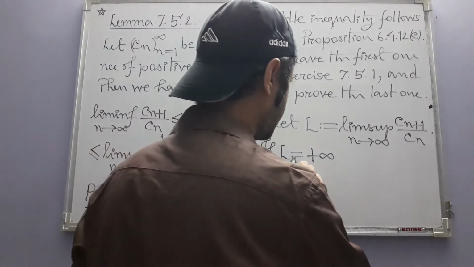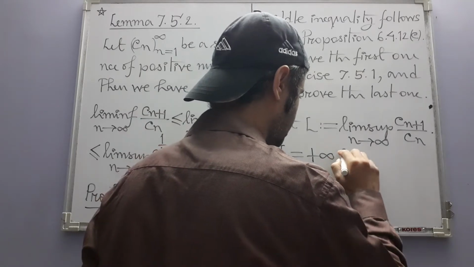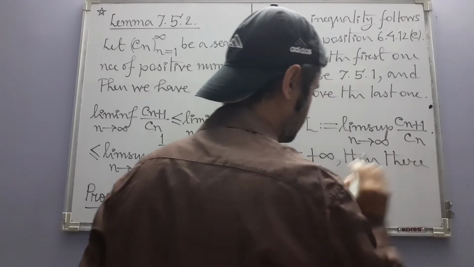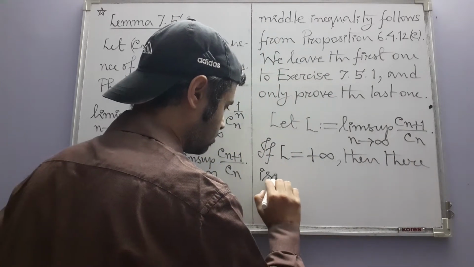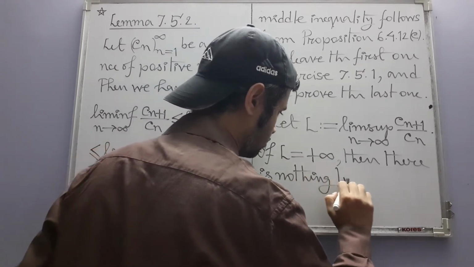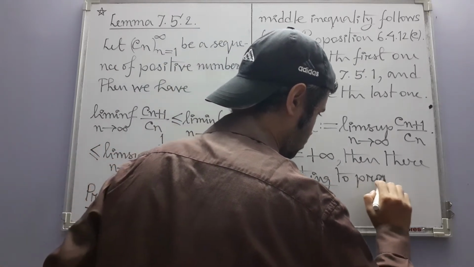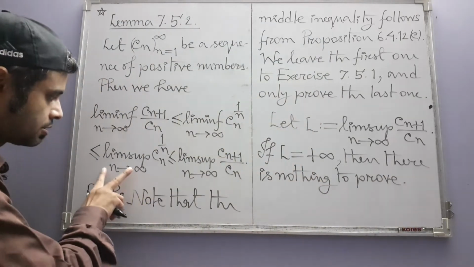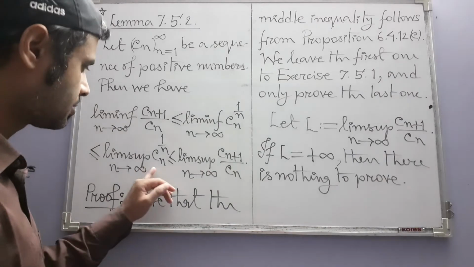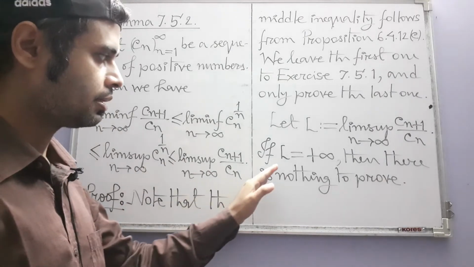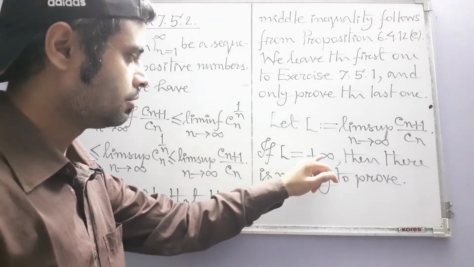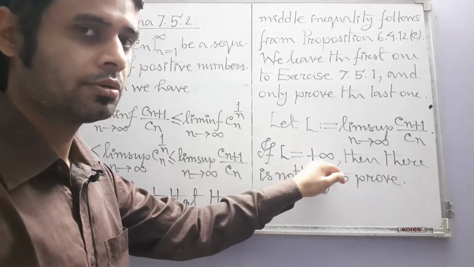Now, if it happens that L is plus infinity, then there is nothing to prove. That's because this, just like L, is also an extended real number, and we know that in the system of extended real numbers, in that ordered set, this is the absolute maximum element.